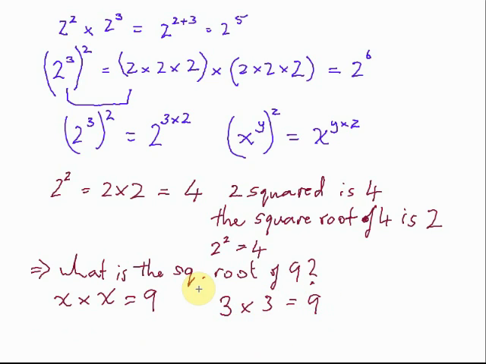So, what is the square root of 9? Let me just change color yet again. 3 is the square, and again I'll abbreviate it, root of 9. And that simply means that 3 times 3 is equal to 9.